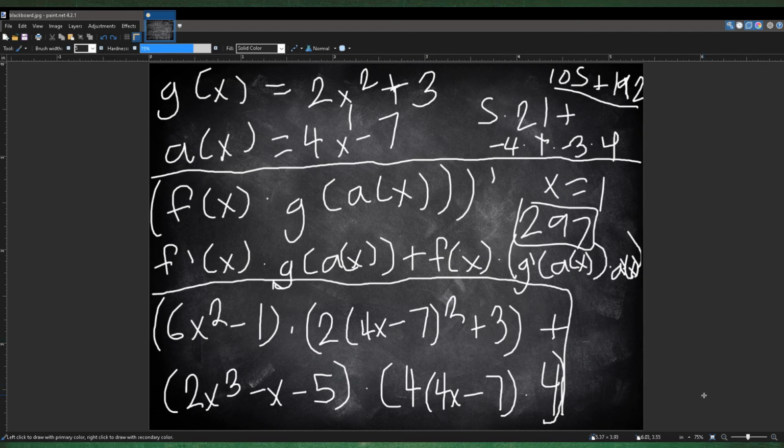Product rule: the derivative of one equation times the regular equation of the other, plus the derivative of the other times the regular equation of the first.